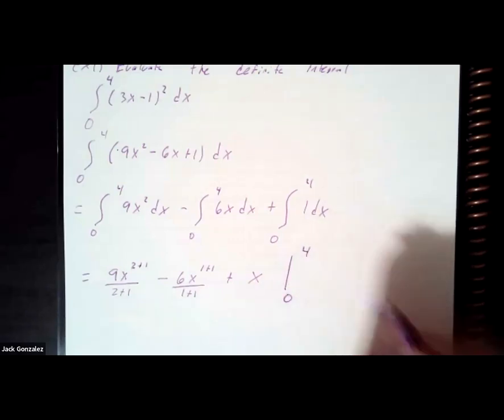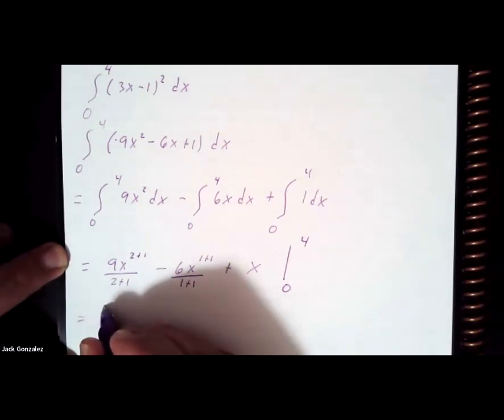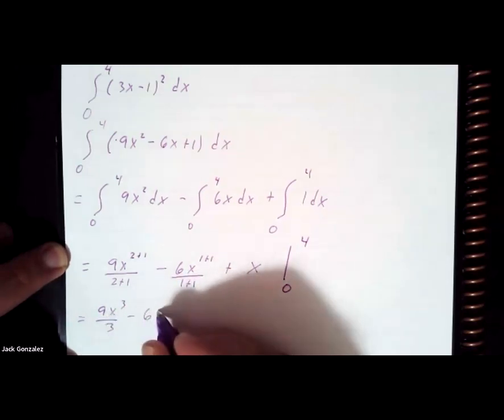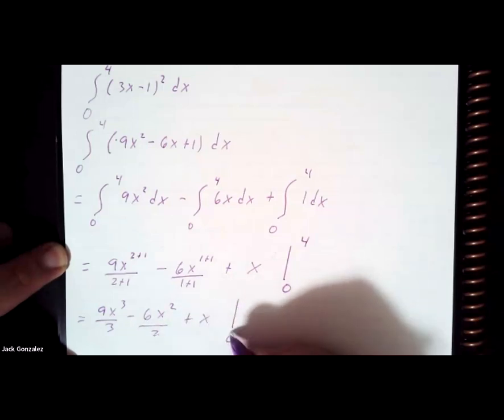I'm going to evaluate from 0 to 4. So that'll be 9x cubed over 3 minus 6x squared over 2 plus x from 0 to 4.